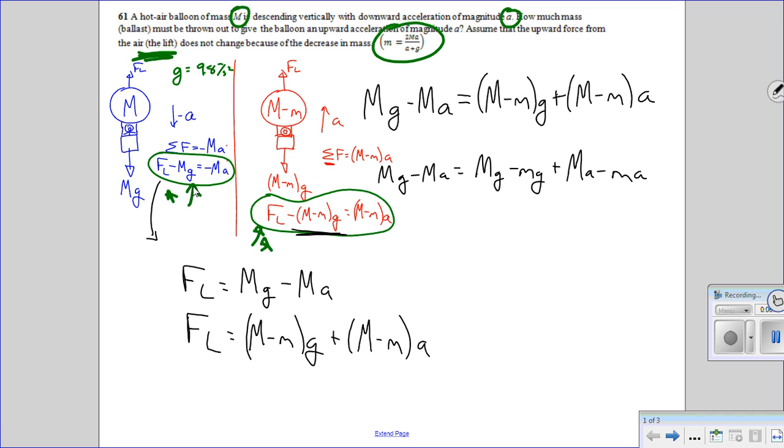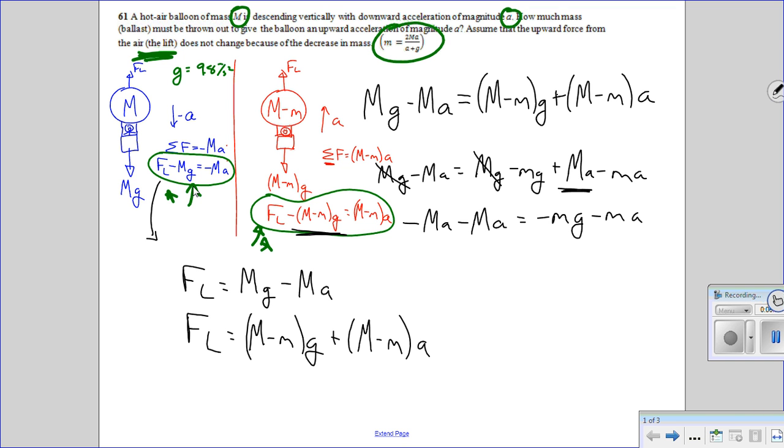Okay, so the Mg's are going to cancel on both sides, right? If I subtract Mg from both sides, these guys go away. Let's see. I want to get my m's by themselves. So let's move this guy here to the other side. So I'm going to have negative Ma minus Ma equals negative mg minus ma.